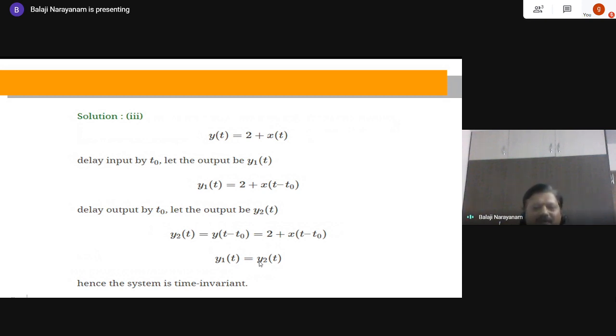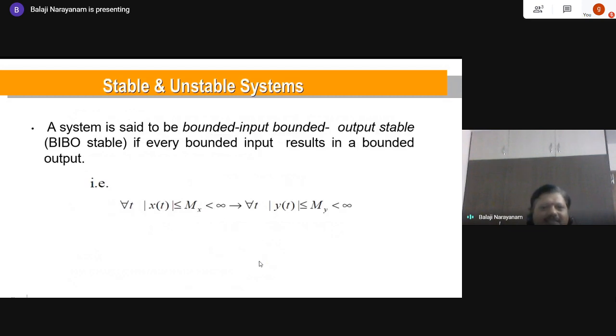So it is y of t minus t naught, that is resulting in 2 plus x of t minus t naught. Now in this case we got y1 of t same as that of y2 of t, hence we may say that the system is a time invariant system.